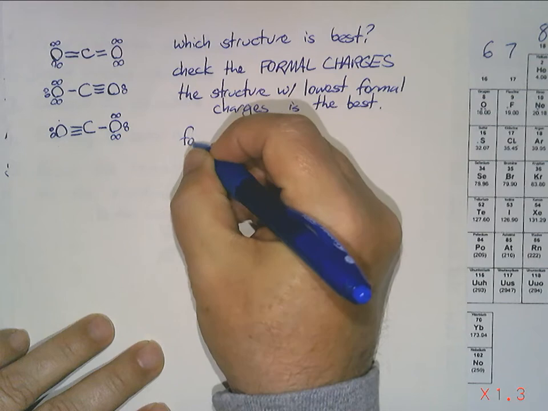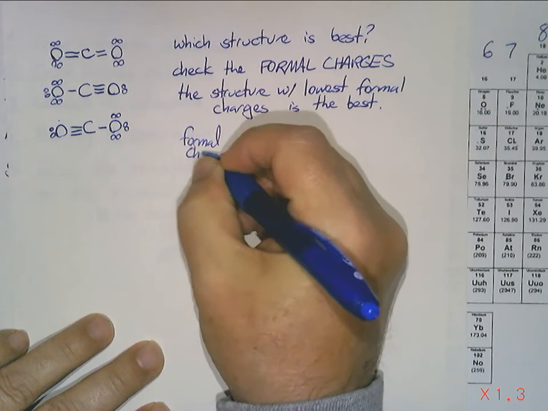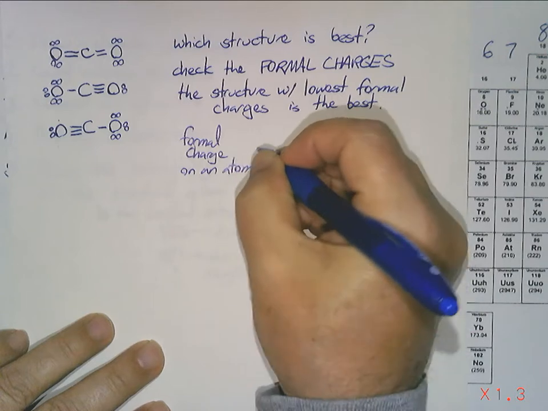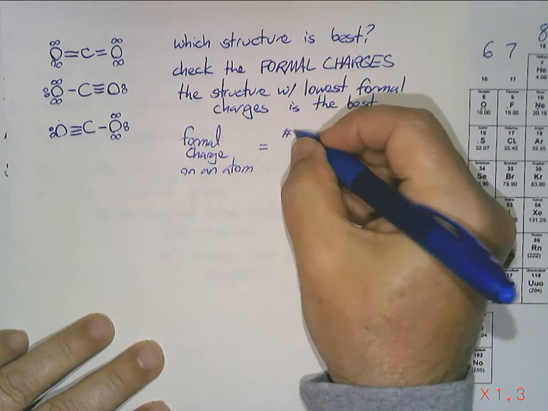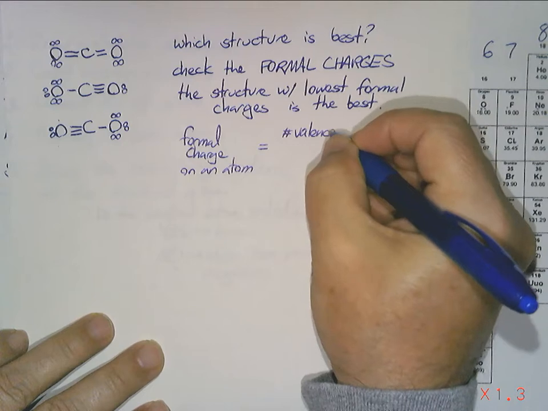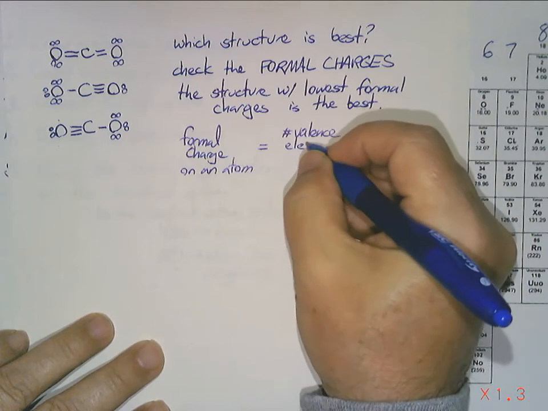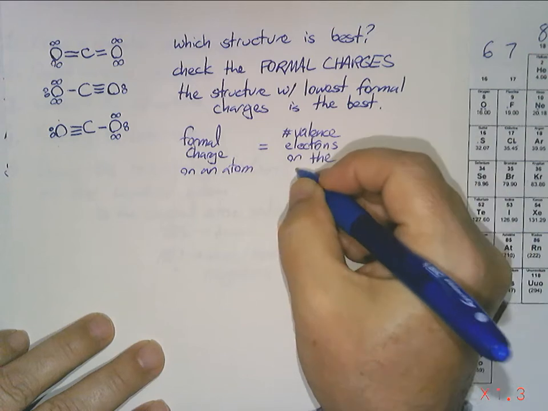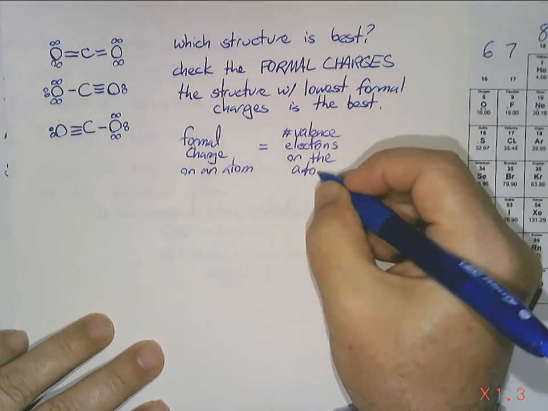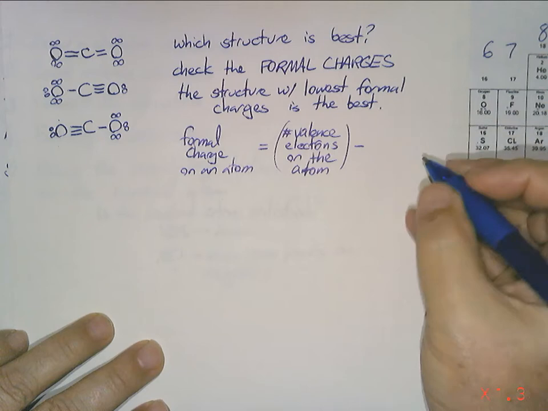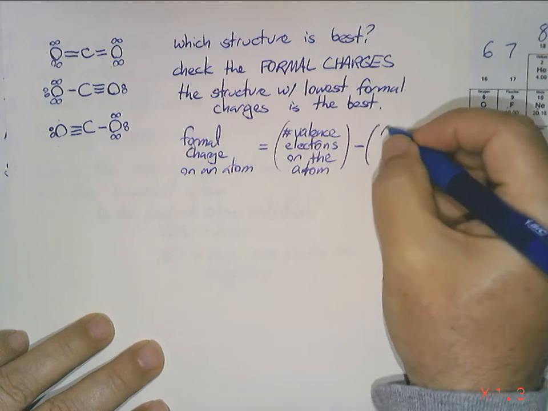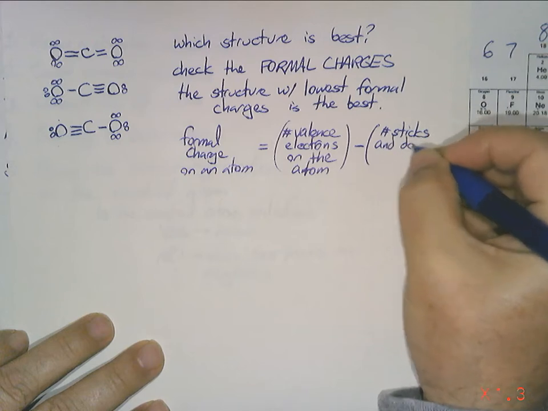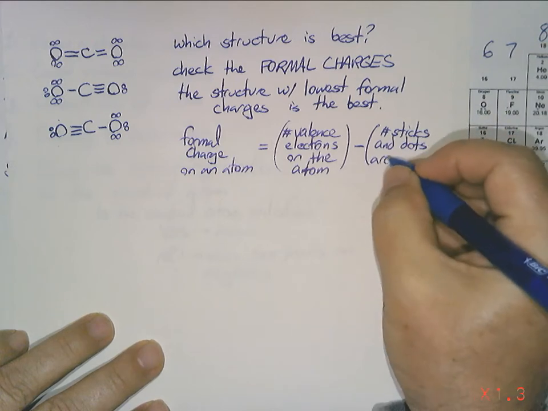The formal charge on an atom is equal to the number of valence electrons on that atom minus the number of sticks and dots around the atom in the structure.